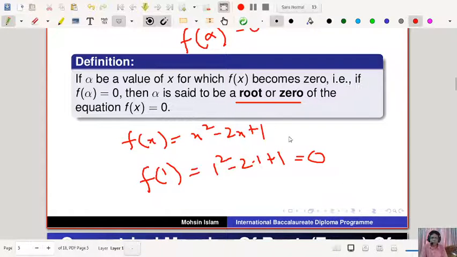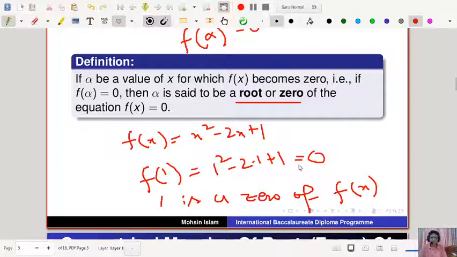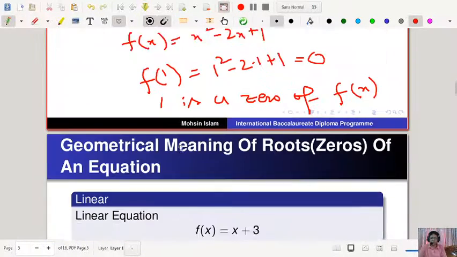So 1 is a zero of this polynomial f(x). We write that 1 is a zero of f(x). So alpha is a root or zero of f(x). That was the concept of roots and zeros.